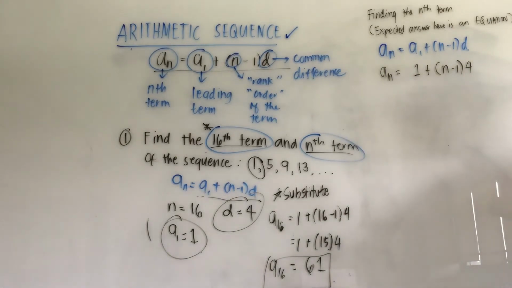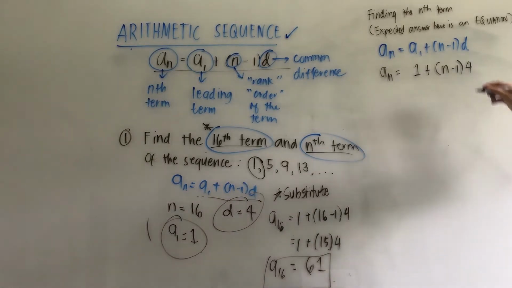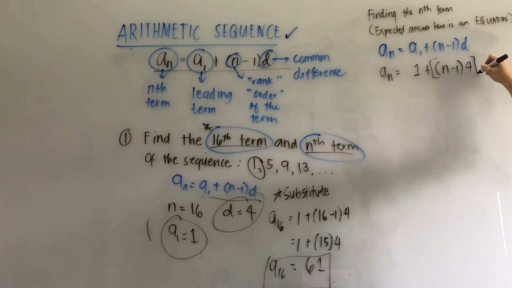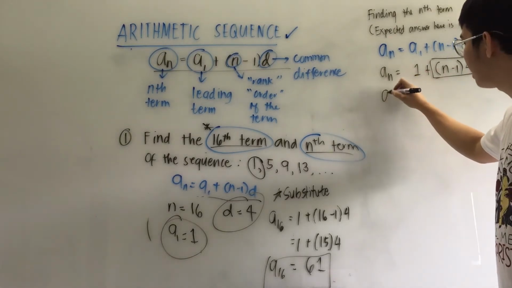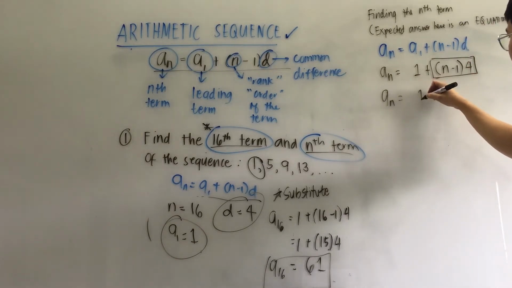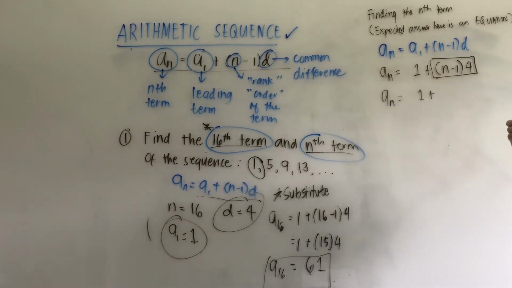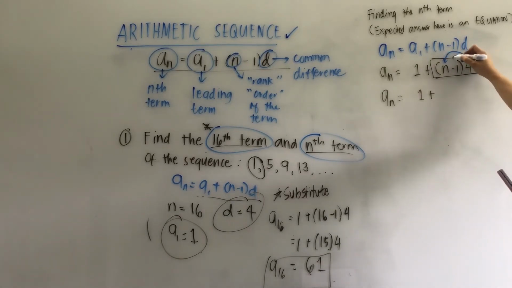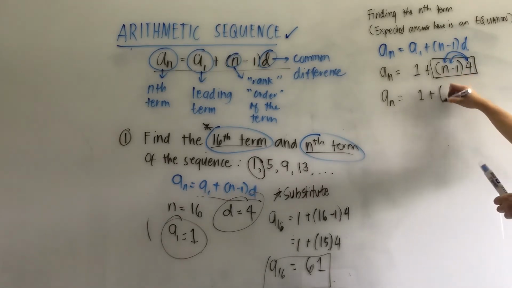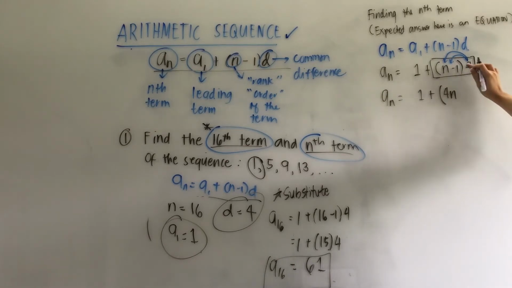So now we have this particular equation. You can see here that this could still be simplified, this portion, and then added to 1. So therefore, a sub n is equal to 1 plus, you just have to distribute your 4 to n and to negative 1. So that becomes what? 4 times n is 4n, and then 4 times negative 1 is negative 4.